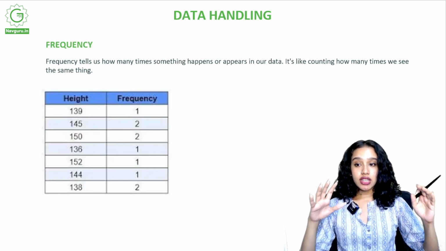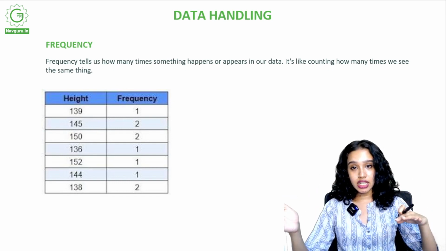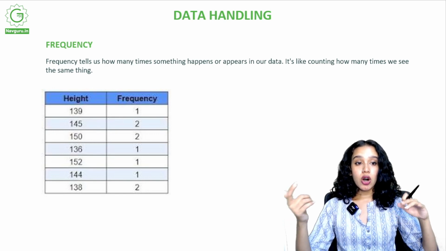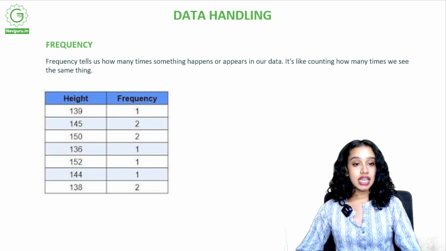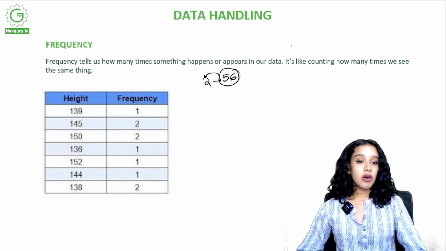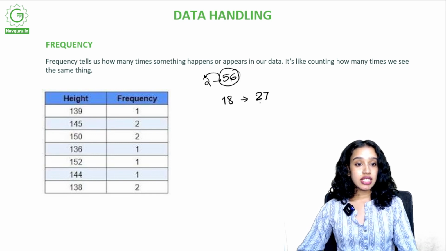Now, first of all, if you're analyzing data, one thing you have to take care of is the frequency of the data. Frequency tells us how many times something appears in our data. Let's say we have two people of the age 56, then the frequency of 56 is 2. Or if there are 18 people of the age 27, the frequency of 27 is 18.